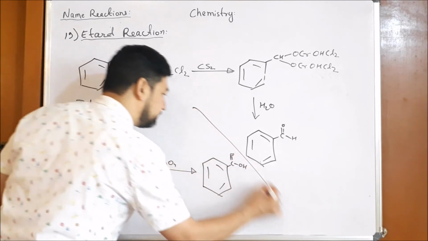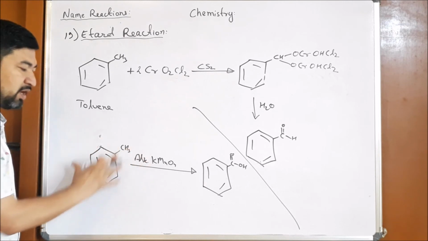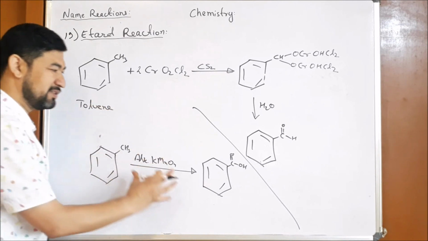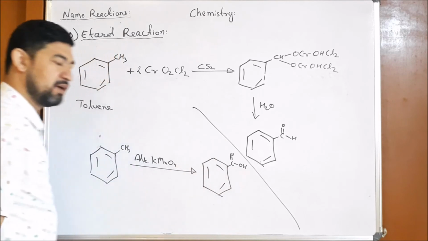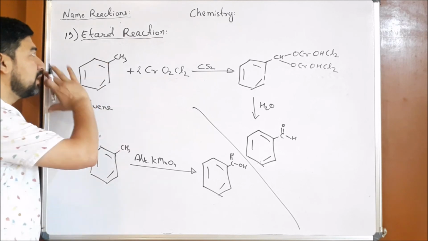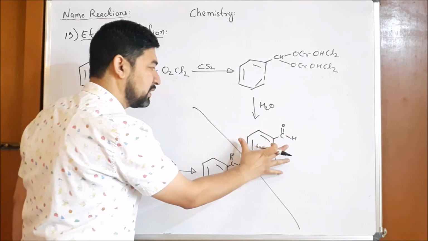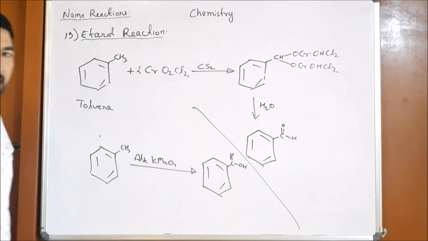So complete oxidation of toluene results in the formation of benzoic acid. But if we do partial oxidation, like in this Etard reaction, we get the product benzaldehyde.